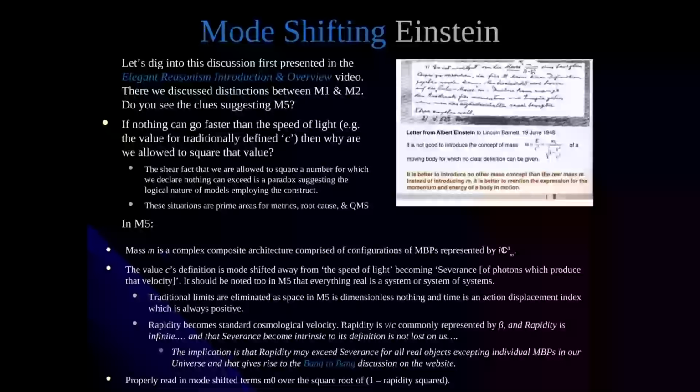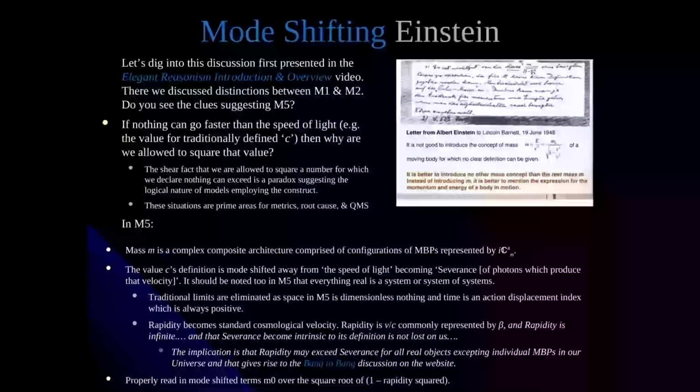The MBPs are the manifestation of the first three dimensions. We have those three dimensions because the MBP is three-dimensional. And then use the subscript of M. The value C definition.